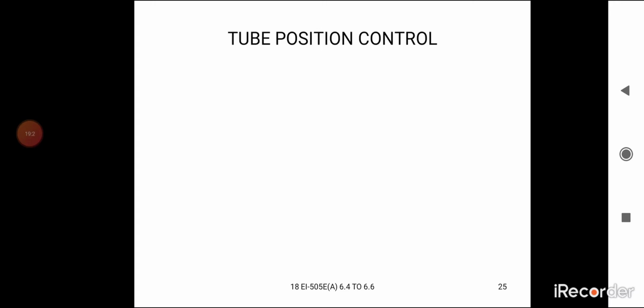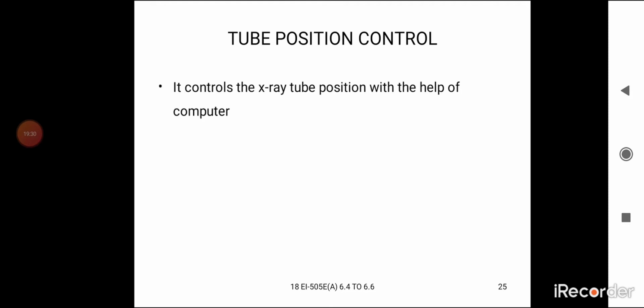Tube position control: it controls the X-ray tube position with the help of the computer.